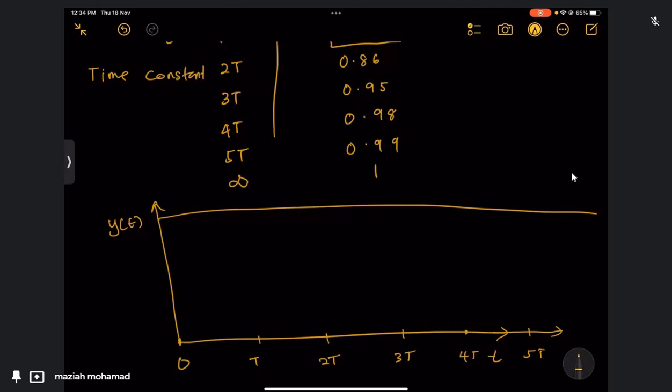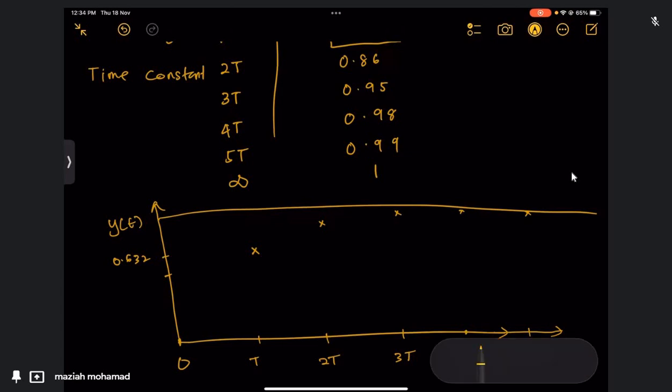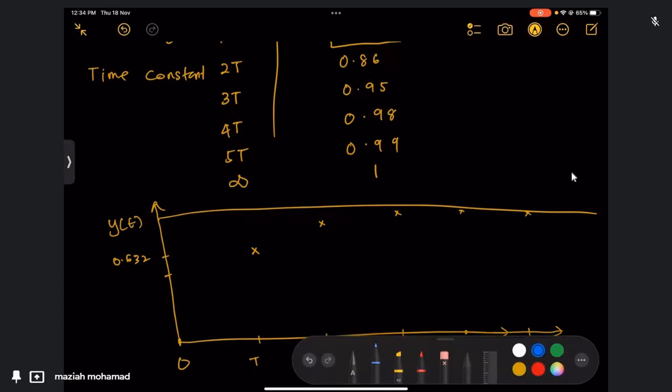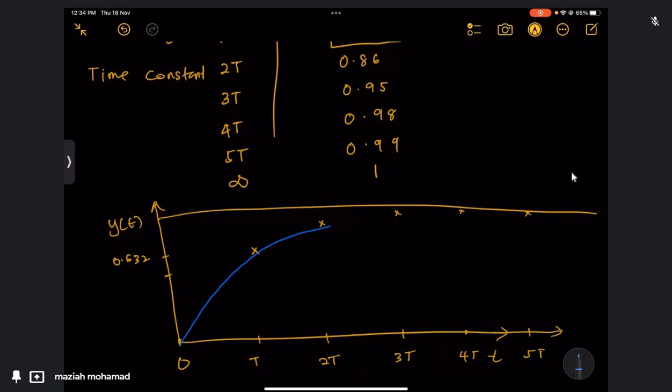So let's say 0.5, 0.6, 0.632, 0.8, 0.95, 0.98, 0.99. If we plot the behavior, it will always be something like this. This is how a first order response will look.